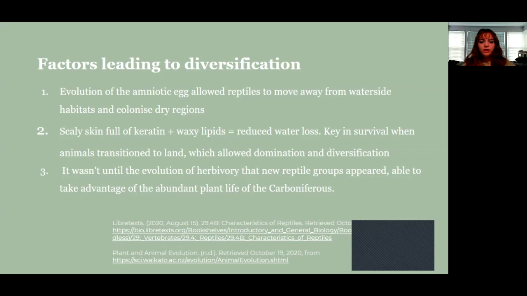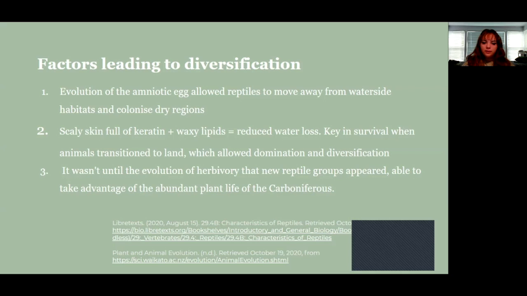Next, they have scaly skin, which is full of keratin and waxy lipids, and this immensely helps to reduce water loss. This is key in survival when transitioning onto land. So another big thing, once again, is maintaining those moisture levels. If you compare it to amphibians, amphibians have very thin and sensitive skin.